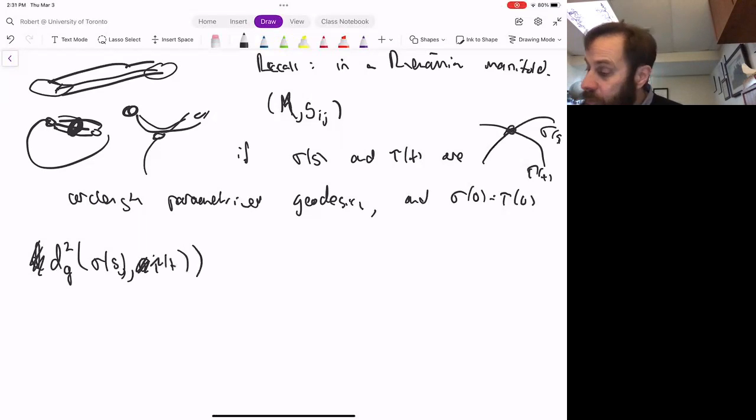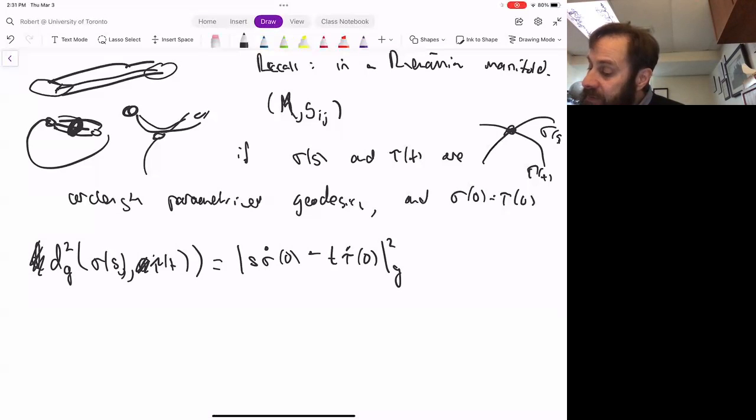You Taylor expand the Riemannian distance squared around s equals t equals 0. The first order term vanishes, and so do the second order terms, because the Riemannian distance squared grows quadratically, not linearly. So the first nonlinear term is something like the norm of s sigma dot 0 minus t tau dot 0, squared in the metric.